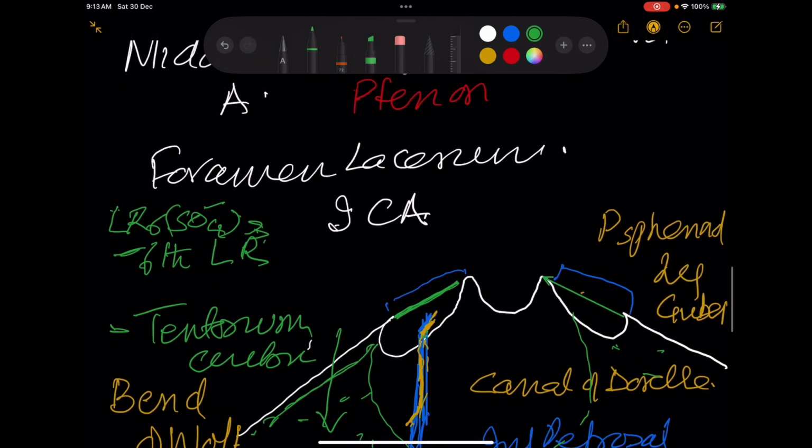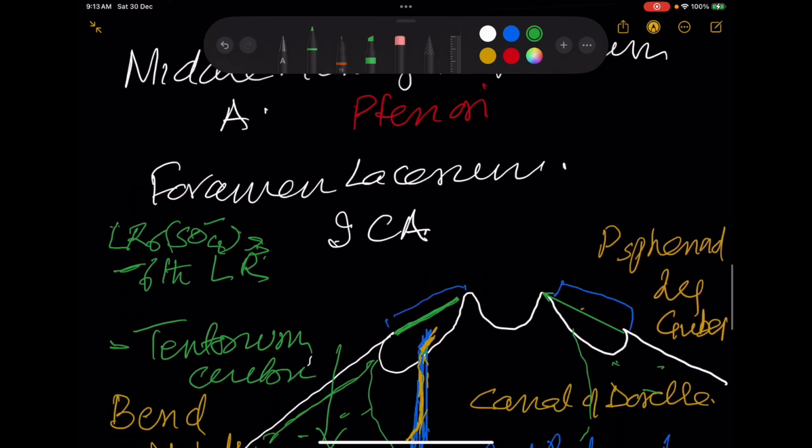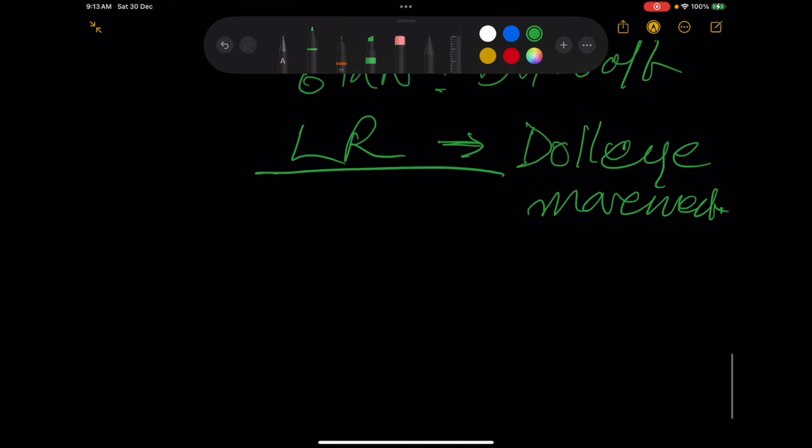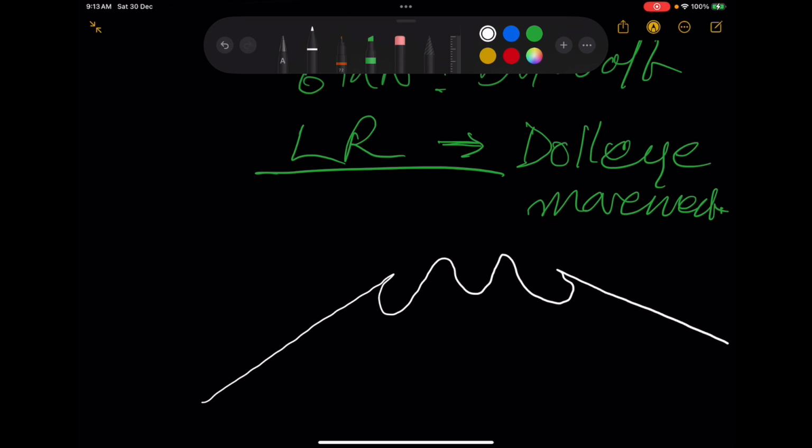Okay. So this much here. Now we draw this again, this area, the petrous temporal, the posterior clinoid process, like this. And on this side we draw an impression which is called the trigeminal impression, where lies the trigeminal ganglion.